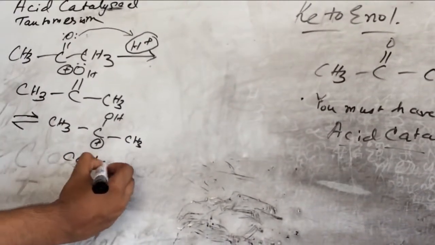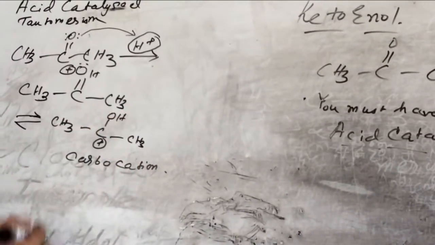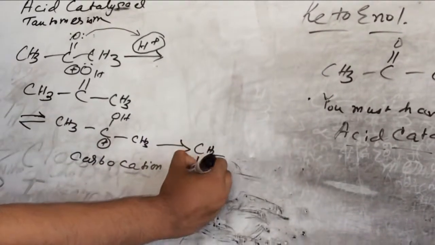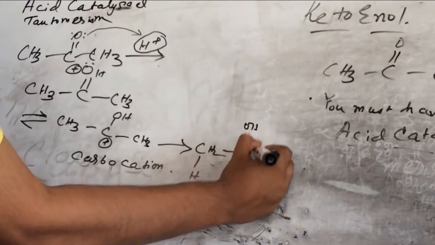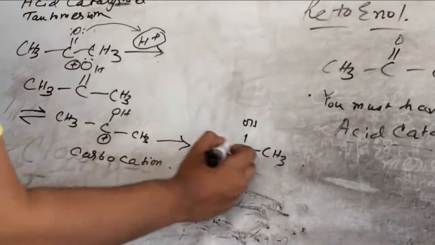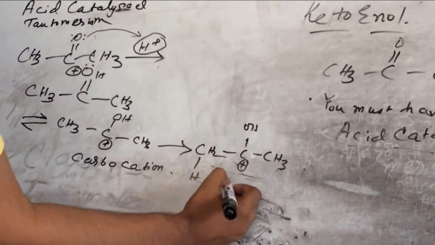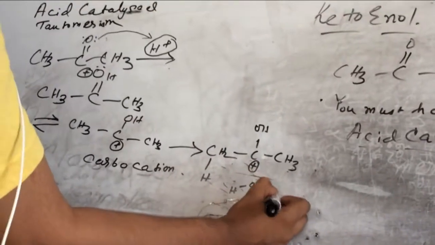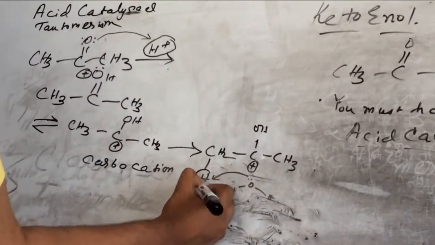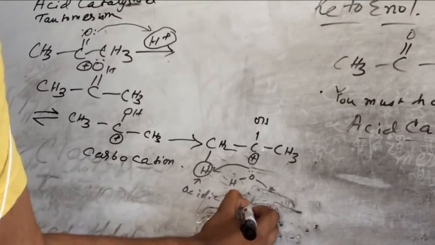So carbocation is formed, and after this, what happens is that we can see that this carbocation is present, and we will see that water will pick up this acidic alpha hydrogen. This one is acidic alpha hydrogen.